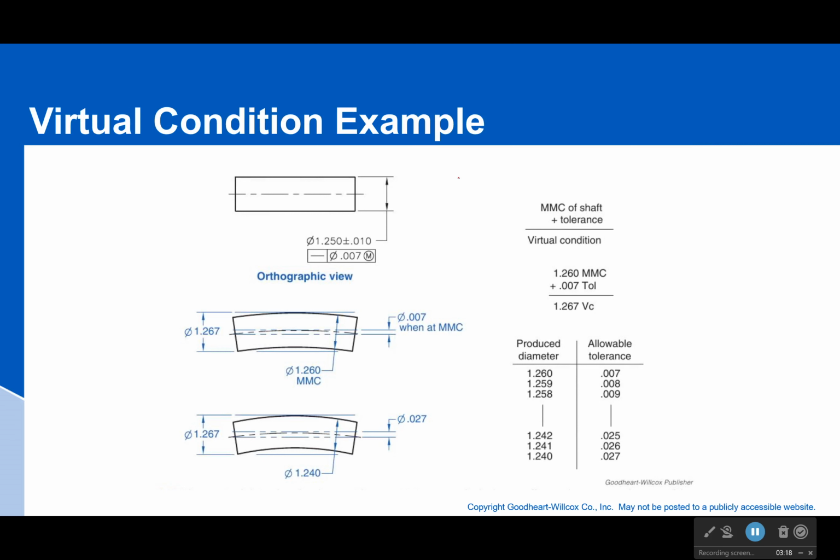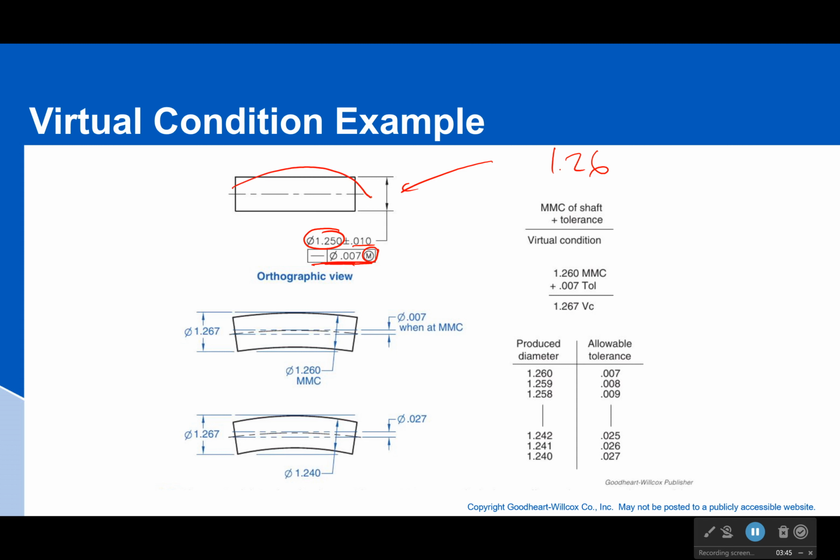So right here I have a cylinder, and that cylinder has a diameter of 1.25 inches plus or minus 0.01. So the biggest it can be is 1.26. I've also applied a straightness tolerance of 0.007, and I've applied the max material condition modifier. Having applied this straightness tolerance, it already means I don't have a perfect form anymore.